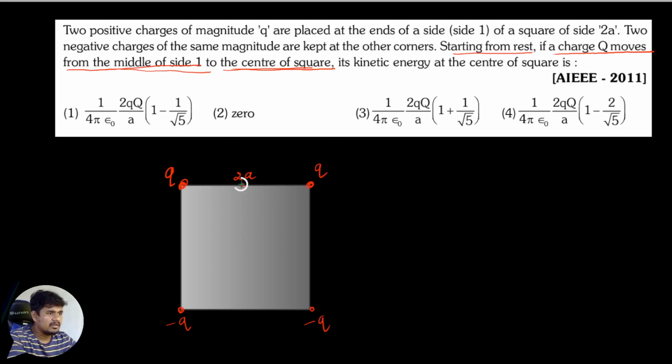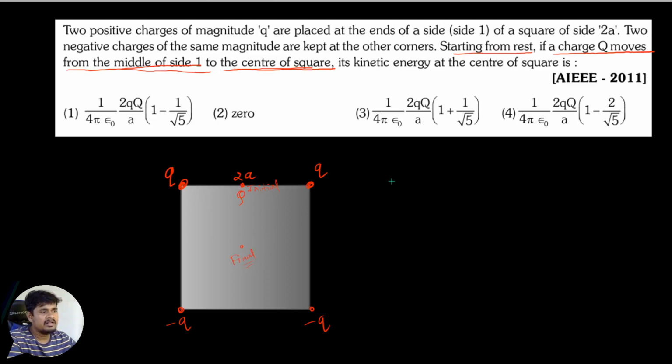So let's say this is the charge q here, and this is the center. This is the initial point, and this is the final.